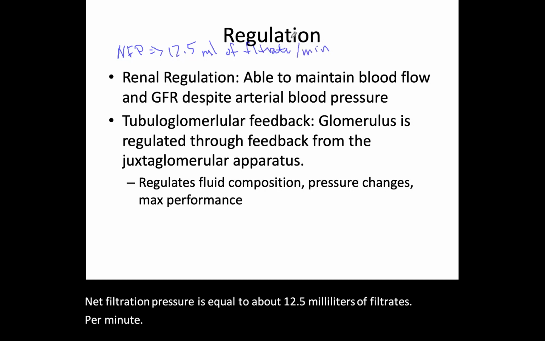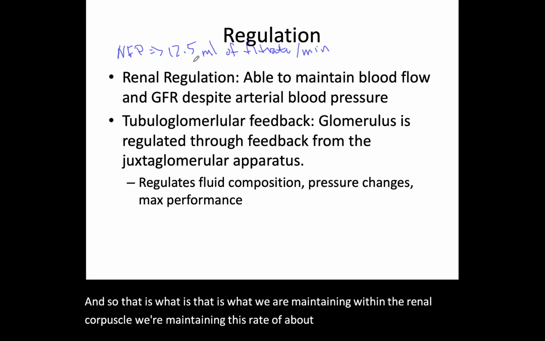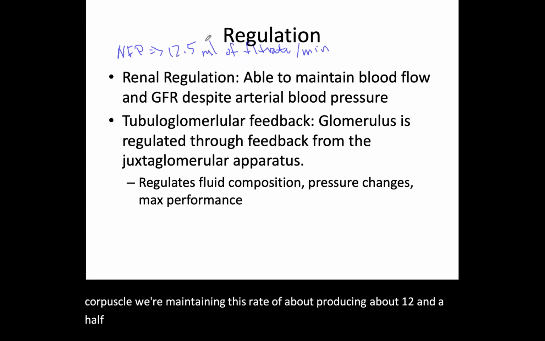And so that is what we are maintaining within the renal corpuscle. We are maintaining this rate of producing about 12.5 milliliters of filtrate per minute by keeping that osmotic pressure and the blood hydrostatic pressure where it is.